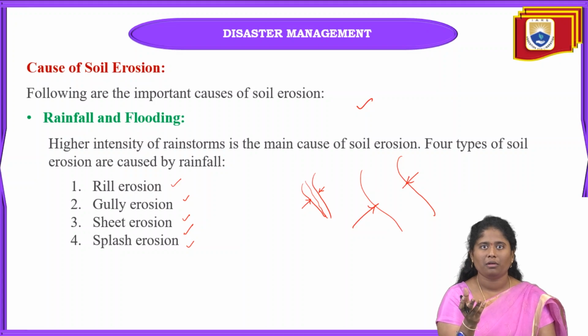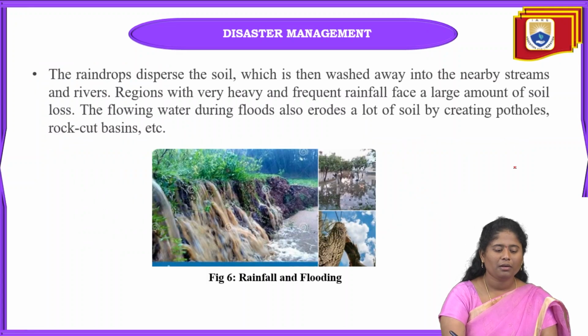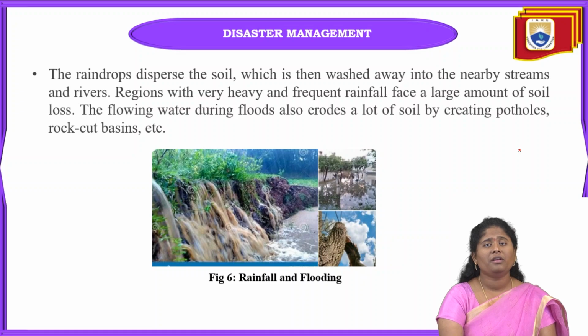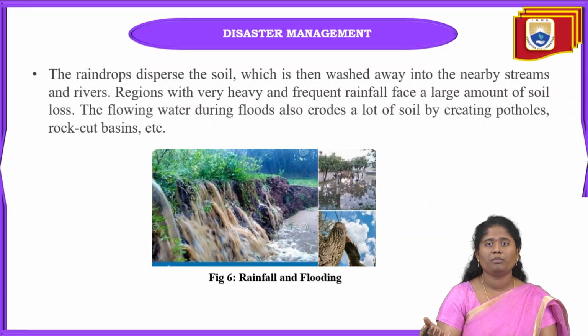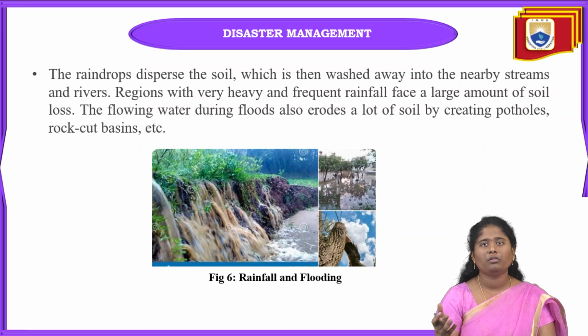We can see that. When these raindrops disperse the soil, it can be washed out easily into nearby downstream areas like rivers and streams. These regions are very heavy and frequent rainfall can be seen.